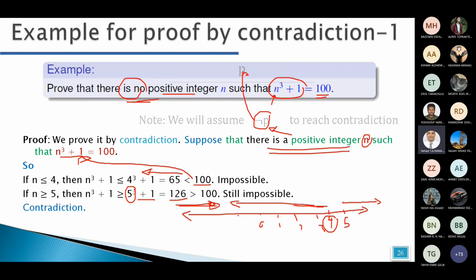So it's impossible to get a number equal to 100 from a positive integer, when we apply this positive integer to this statement, n to power 3 plus 1. It's impossible to get 100. Okay, so we start from not B and we reach an impossible case. This means B, which is no positive integer, is correct. So we proved it by contradiction.